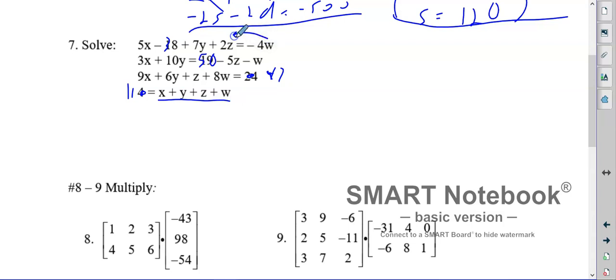This needs to go over there. And the negative 38 needs to come this way. So it's going to be 4W plus 5X plus 7Y plus 2Z, those all stay the same, equals positive 38.